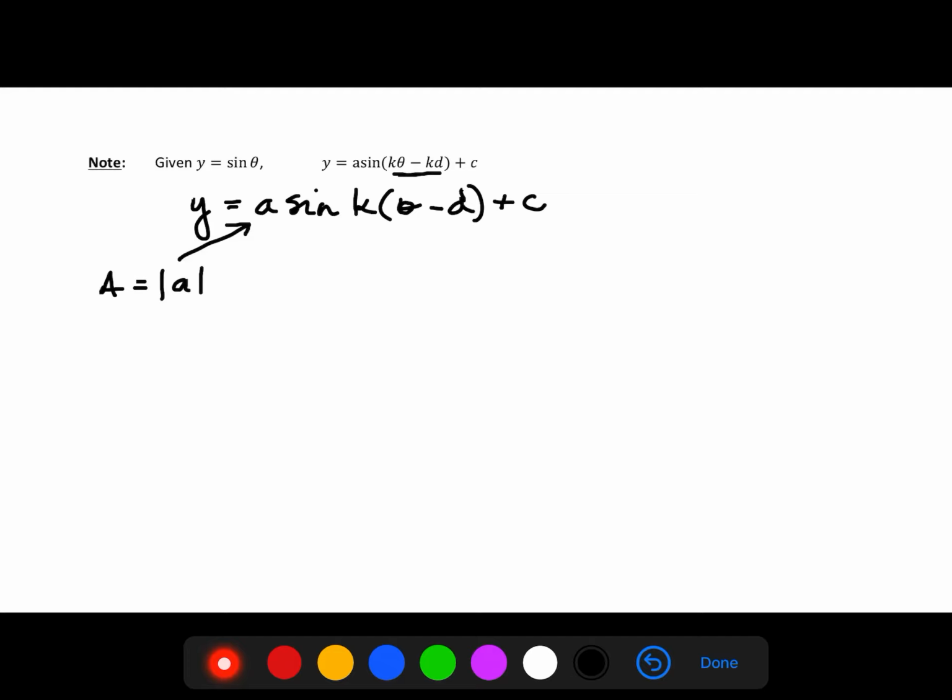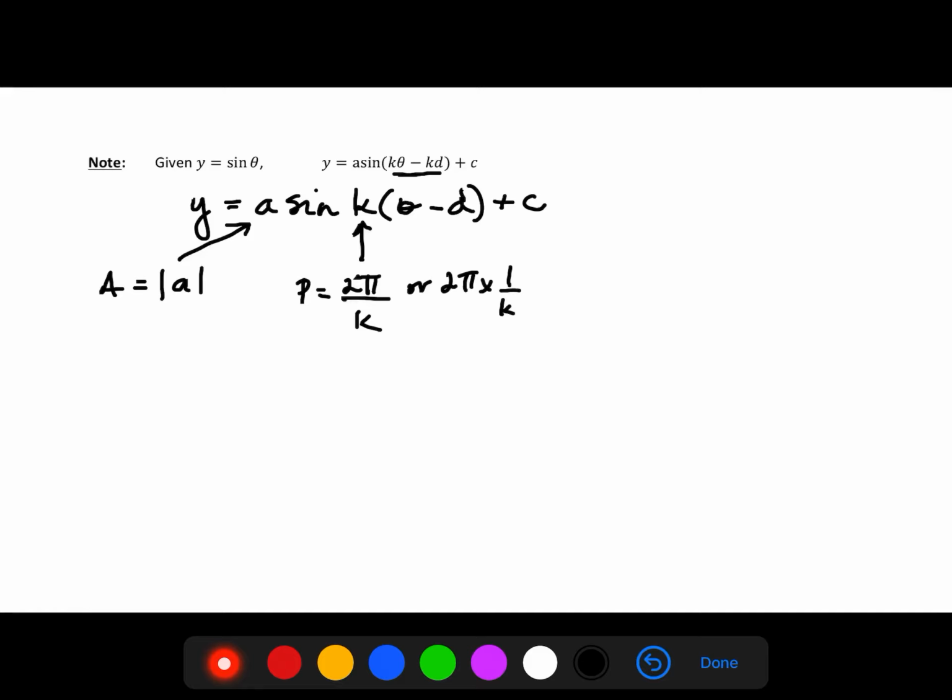So our a value out front here gives our amplitude, which is the absolute value of a. It also tells us whether we have a reflection or not. Our k value in here helps us calculate our period of 2 pi or 360 over k, or 2 pi times, or sorry, 1 over k.